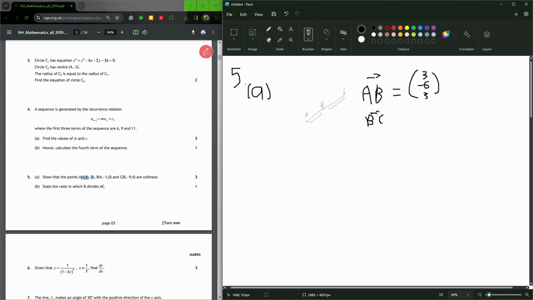Let's see if we can notice anything particular about these two vectors. Because if this question is designed correctly, which it should be, being from an actual past paper, there will be something special. Let's see if you can spot it. So, B to C, you add 4, because you go from 4 to 8.